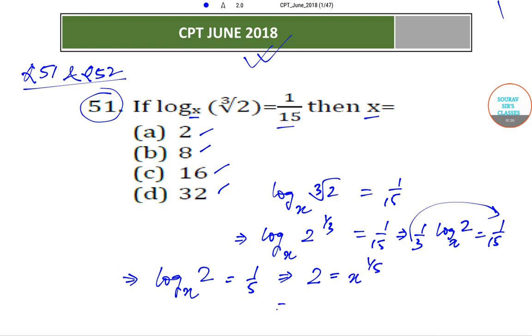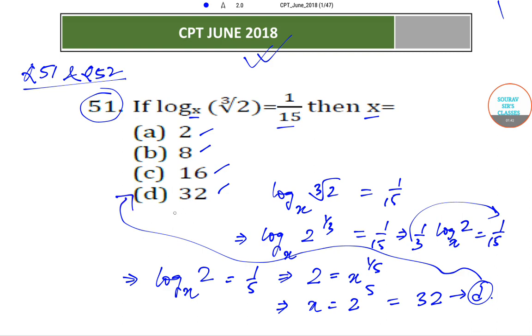Now if we take both sides to the power 5, this implies that x is equal to 2 to the power 5. Basically 2 to the power 5 is equal to 32, which is option D. So option D over here is the correct option.